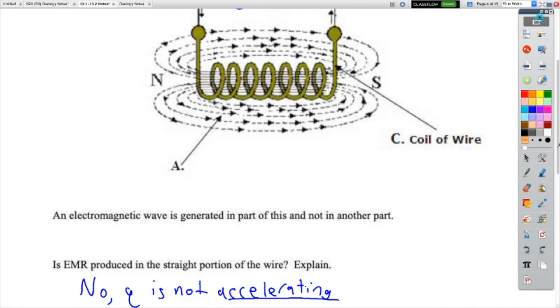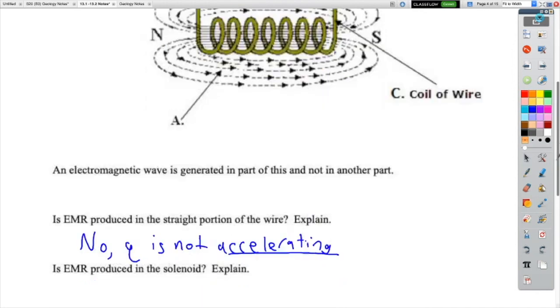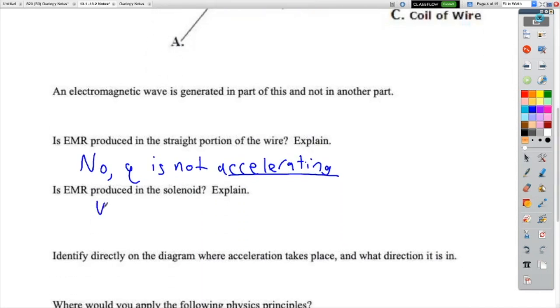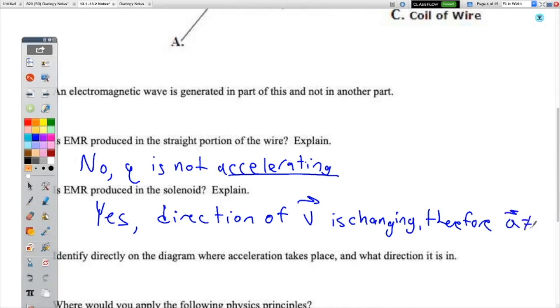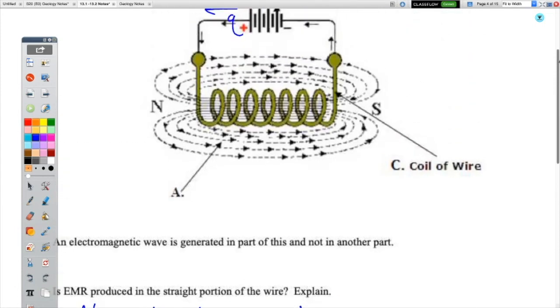And there's two ingredients to a velocity: your speed and your direction. So if that direction is changing, it is definitely accelerating. Yes, direction of v is changing, therefore a does not equal 0. As soon as the acceleration of a charge is not 0, it is producing electromagnetic radiation.